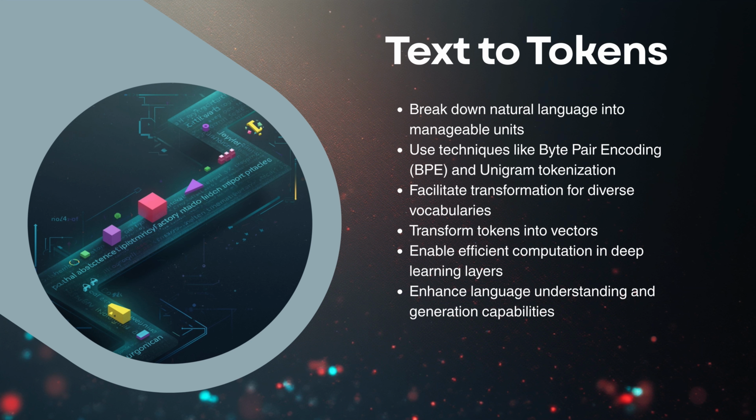LLMs operate on tokens, subword units produced by algorithms like byte pair encoding or unigram. Tokenization balances vocabulary size, compression, and the ability to represent rare words or code. Each token maps to an embedding, a dense vector that captures distributional meaning.